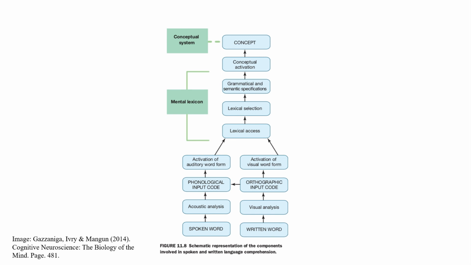The written word goes through visual analysis, then it either gets converted from the orthographic code to phonological code and moves through, or the orthographic code can directly activate the visual word form, and then the processes are the same. Lexical access, selection and integration are the same processes, which by the way are negotiating with the mental lexicon. That is how you will negotiate words, whether you are listening to them or reading them.